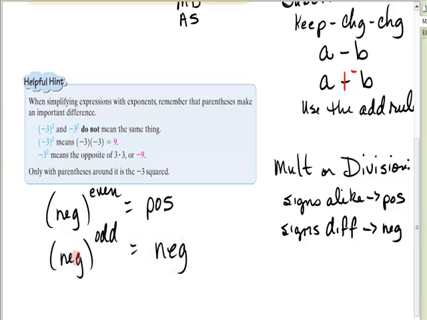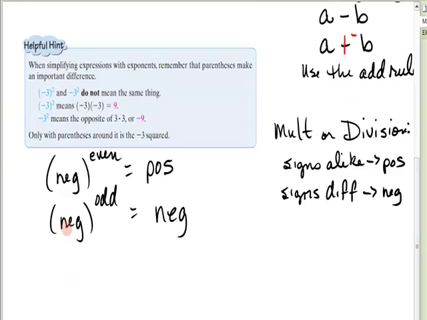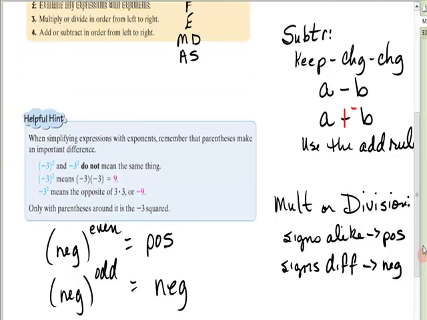Now, if the base is not in parentheses, then its sign is not affected by this. So if you have a negative with no parentheses and any exponent, you're going to get a negative. Okay, so let's use all of those rules.